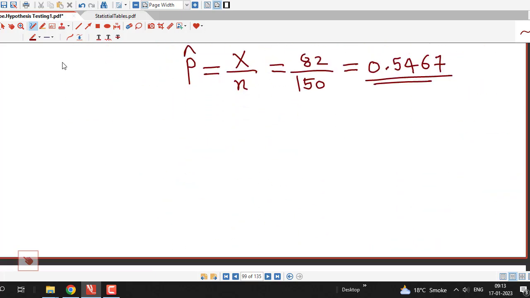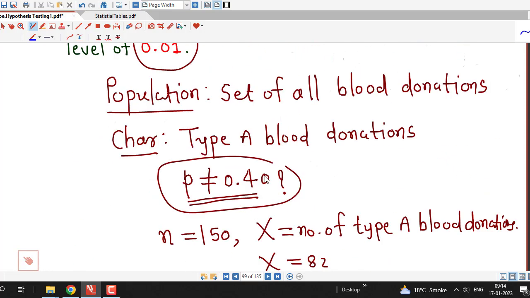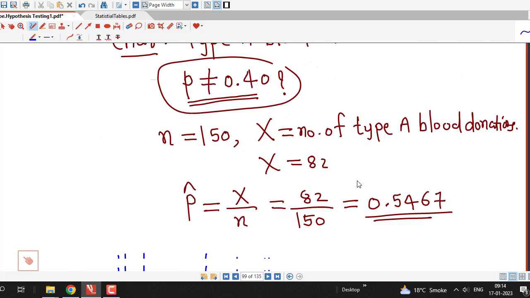Now the first thing we have to decide is the null and alternative hypothesis. We are asked to check whether the actual population percentage of type A blood donations is different from 40% or not, and we know that the equality part always goes in the null hypothesis.